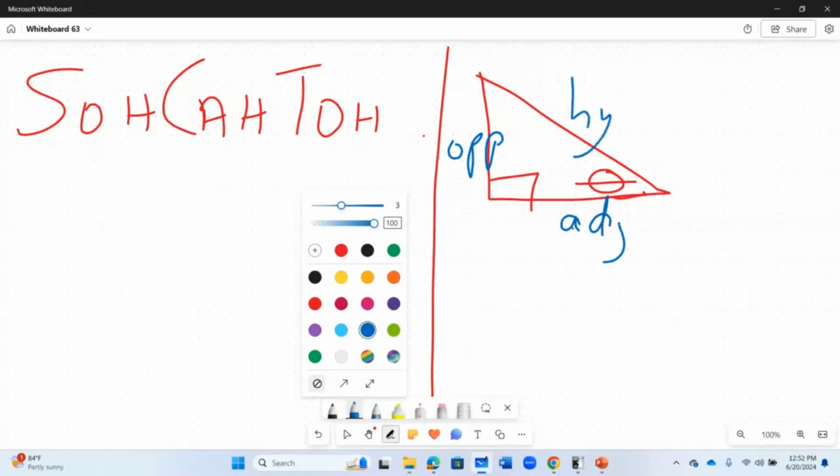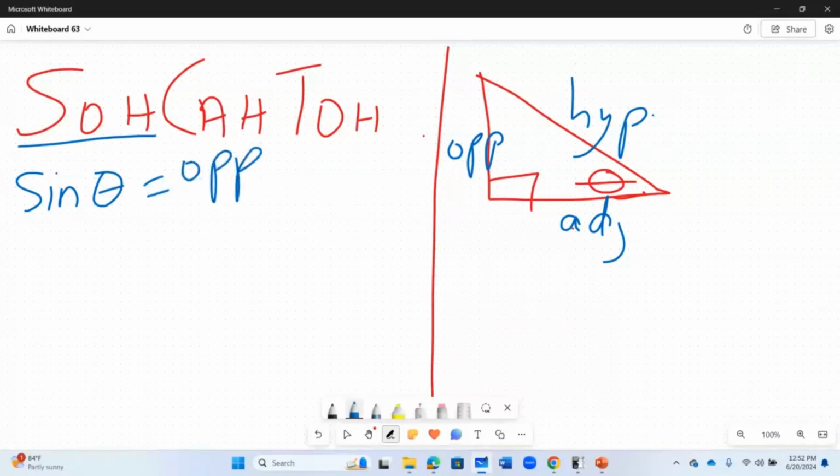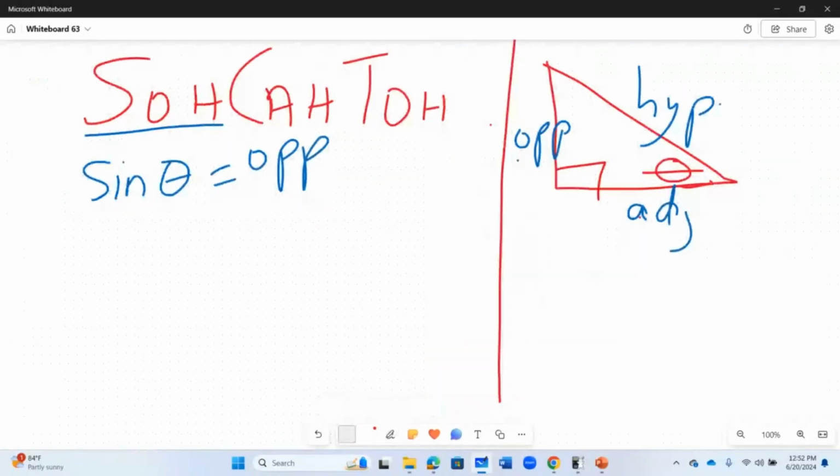Hypotenuse of theta. All right. But what does SOH mean? SOH means sine. There are 6 trig ratios we need to know. Sine of angle theta is opposite to theta over hypotenuse.